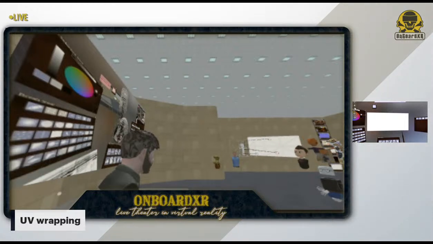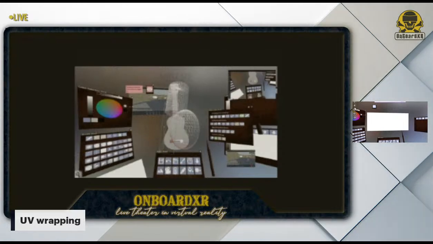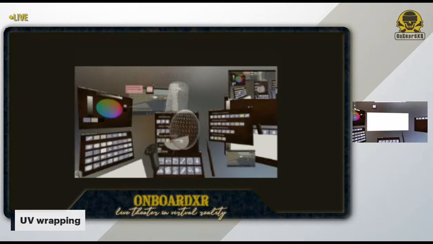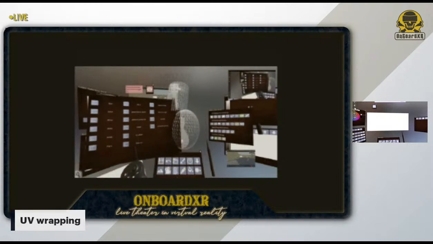All right, so these are the UV unwrap shapes. Another way to visualize the UV maps is if you go over here to advanced drawing functions, you can apply the show UV effect.